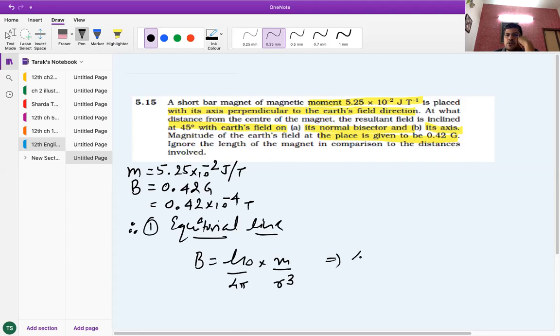I am putting in all those values. I want to find r, the distance from the center of the magnet at which the resultant field is inclined at this angle. So first of all, I am making r cube the subject of the expression: r cube equals mu 0 m divided by 4 pi into B.